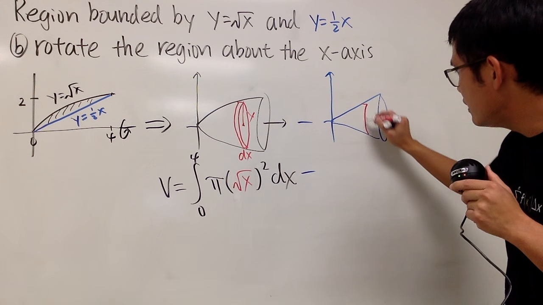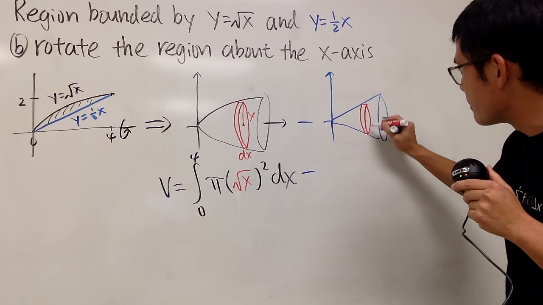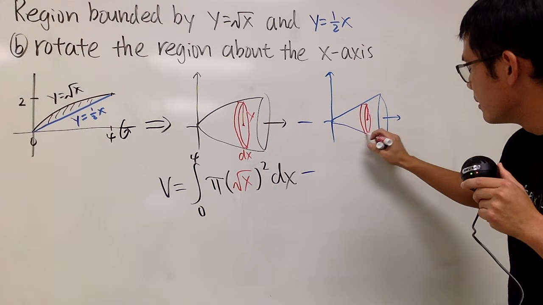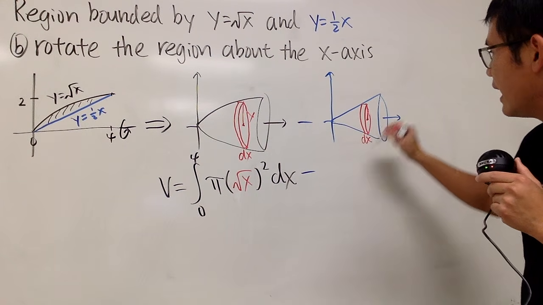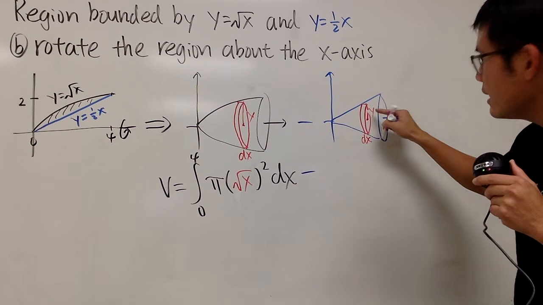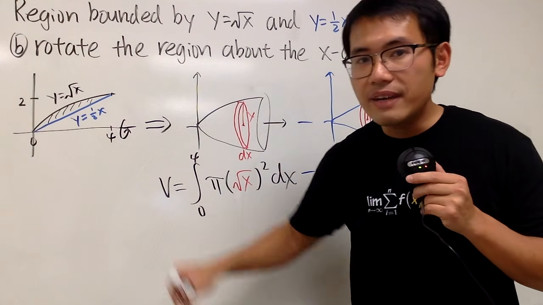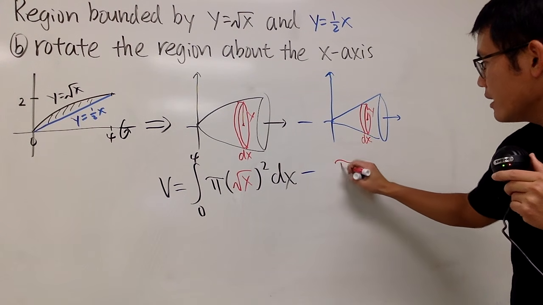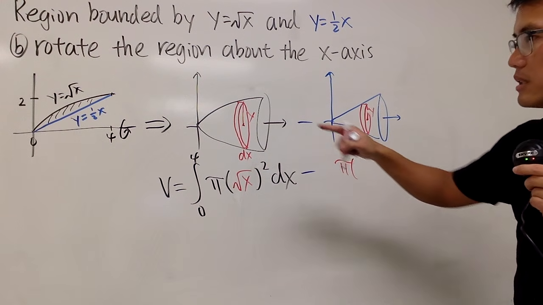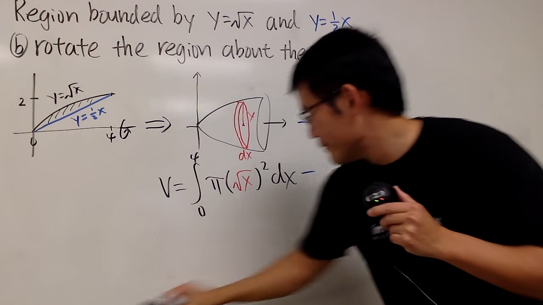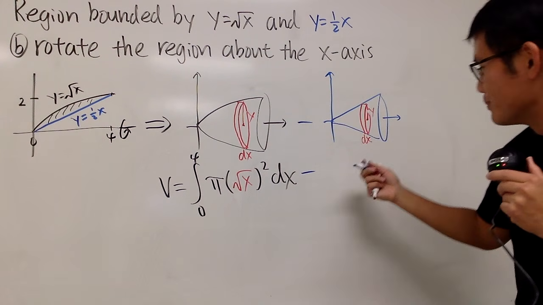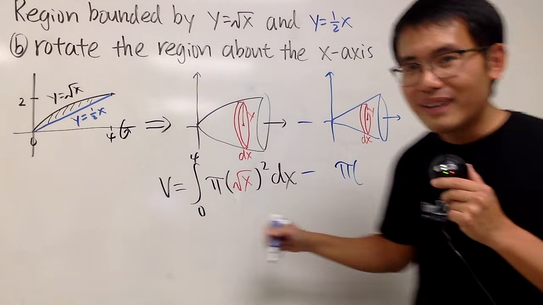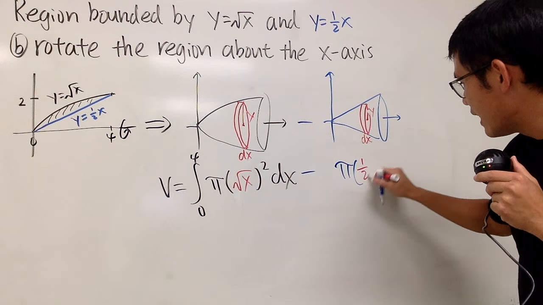Anyway, right here, do the same thing. I will just draw a disk. It's pretty much the same thing now because you'll see that the thickness is still dx, and this right here is our y, but the y is 1/2 x. So this right here is not so bad now. Pi r squared, and the r is our y, which is the 1/2 x, right? 1/2 x.